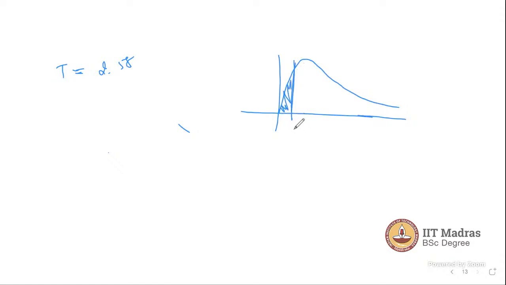For 0.05, it is happening at some 4.57. So this is my rejection area, and what I have observed is 2.58. So that lies in the rejection area, so we can just say we are rejecting H0.